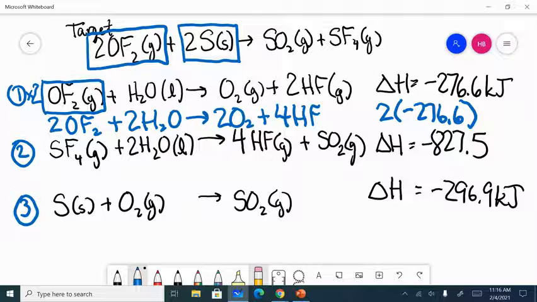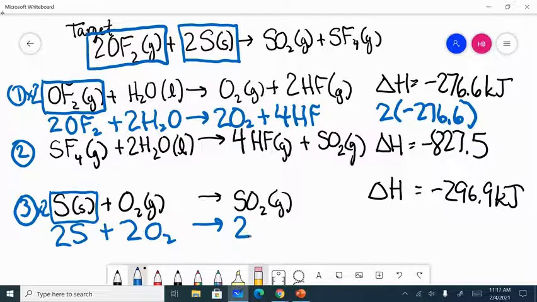So I'm going to look at equation 3 and see that I have sulfur in the reactant side, but it only has a coefficient of 1. So I'm going to multiply that by 2. So I'm going to multiply everything by 2. And that means that I'm going to multiply 2 times minus 296.9.